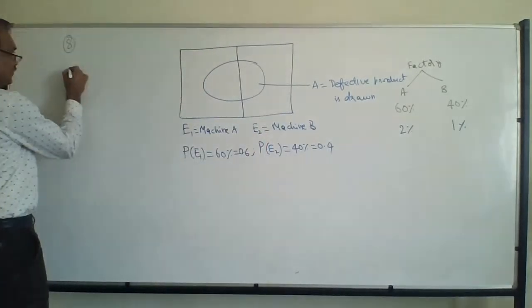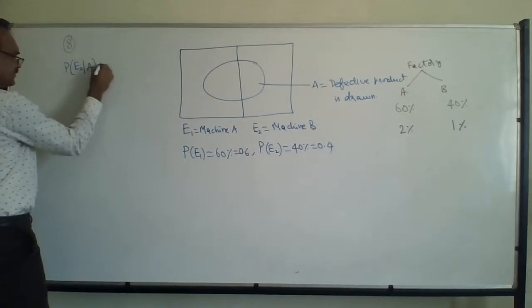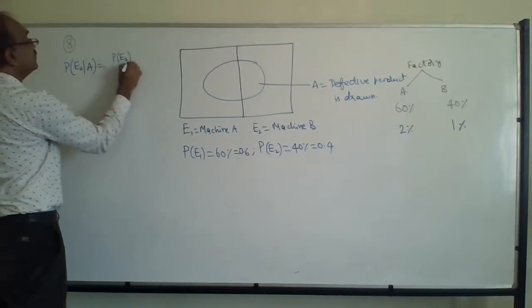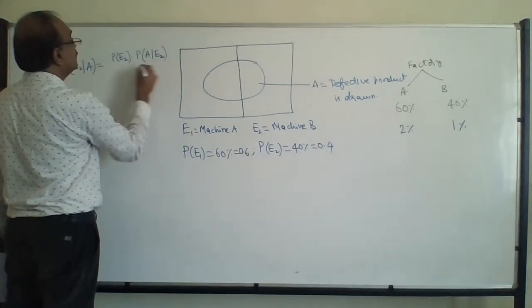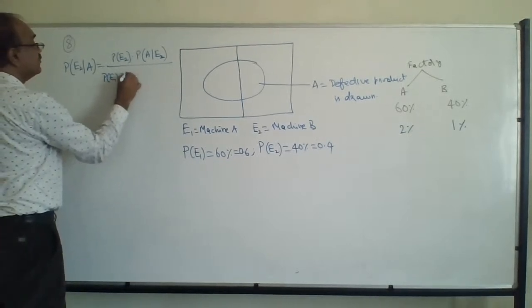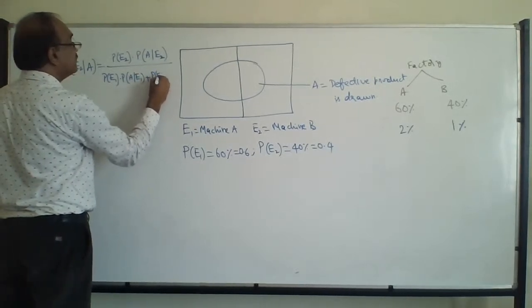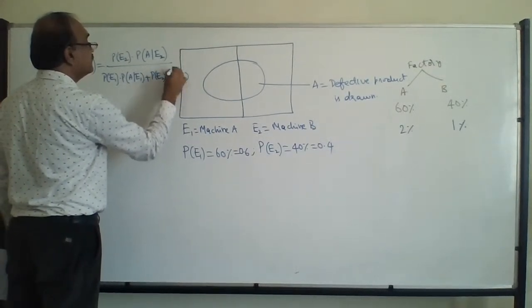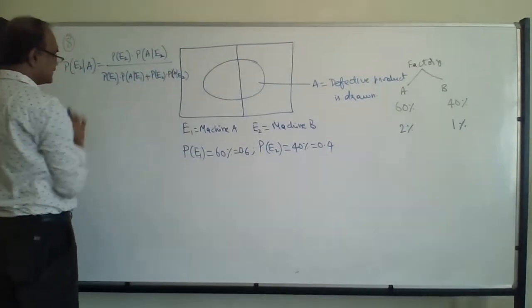So your question is this, what you need to find: probability of E2 given A. So write the formula. First in the numerator you write probability of E2 into probability of A given E2, divided by probability of E1 into probability of A given E1 plus probability of E2 into probability of A given E2. So this is the standard formula.